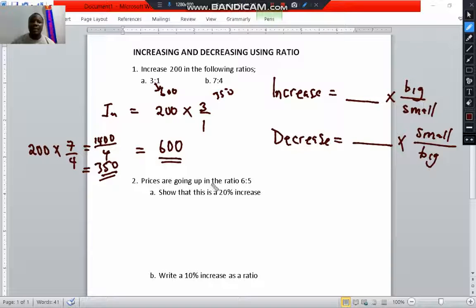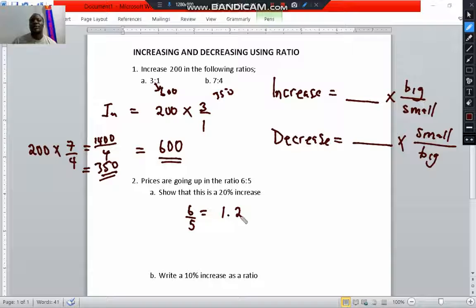Prices are going up in the ratio 6:5. Show that this is an increase of 20%. So let's see how this relates. To increase something, it's big over small, so we're going to say 6/5. This is what we need to multiply by a certain quantity, but if you do 6/5, you would find that this gives you a multiplier that is 1.2.